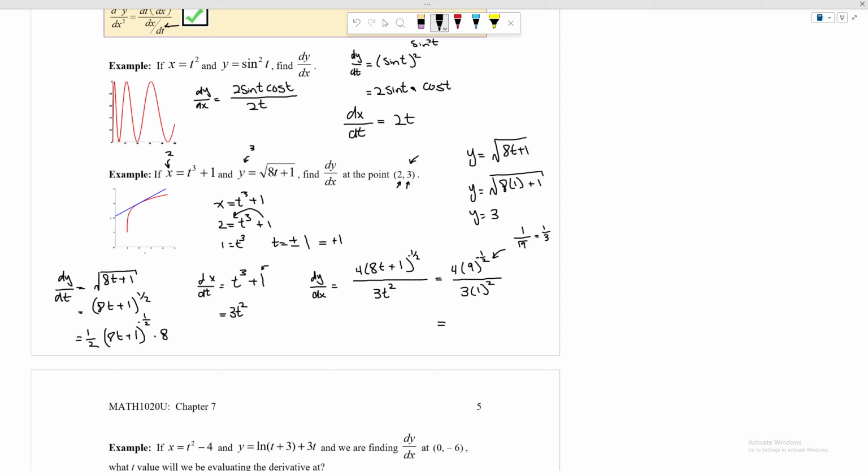And so 4 times 1 over 3 is 4 over 3, times my denominator, which is 1 over 3. And so what this will give you is 4 over 9. So far, so good. That is my answer for this equation.